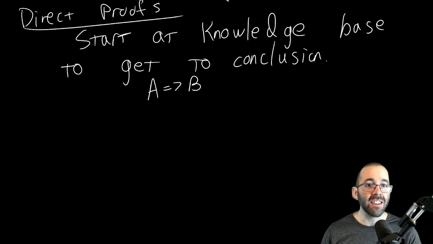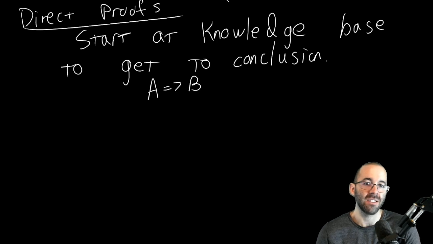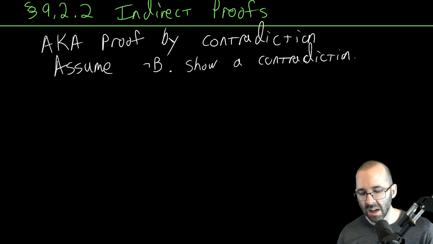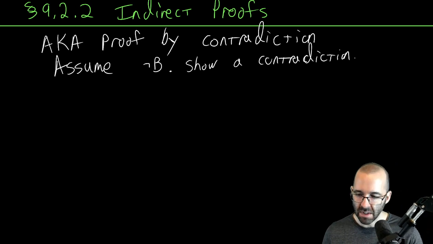But to prove that every day of the year is sunny, I have to look at every single day and show that it's sunny. So a lot of times things are easier to disprove than prove. So a proof by contradiction kind of lends itself in that direction.